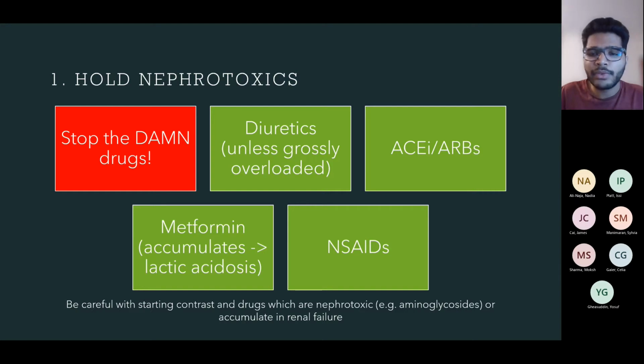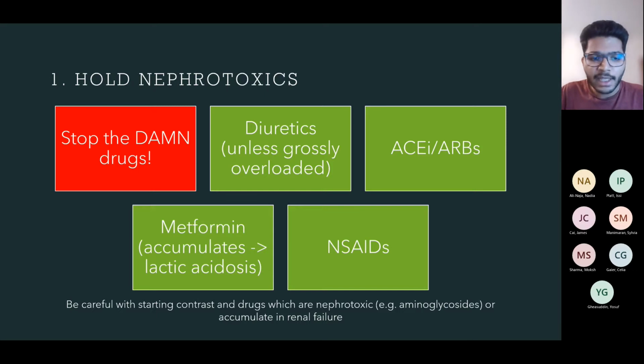So this is one for endo and also for renal, I guess, but you shouldn't use metformin in people with poor renal function. Anybody with a GFR of less than 30 shouldn't have metformin generally. And NSAIDs, like you said, Celia. So stop all of these with a view of starting them again when the renal function returns.